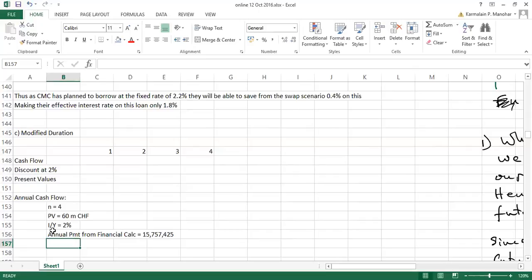So comparing this to the kit answer, at this stage, what did they do to get that 15 million annual payment? They took the long route and had to go to the tables to get the 4-year annuity factor, which was 3.808, and then do a division of the total divided by the 3.808, right?